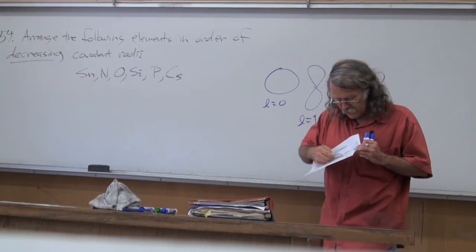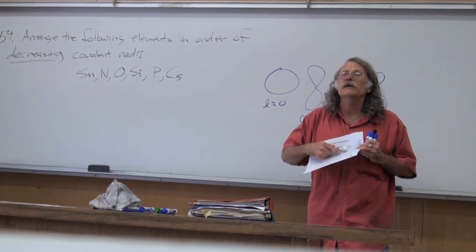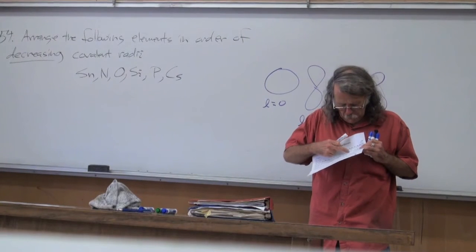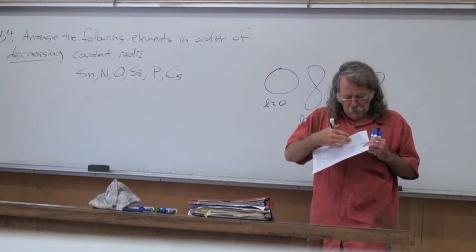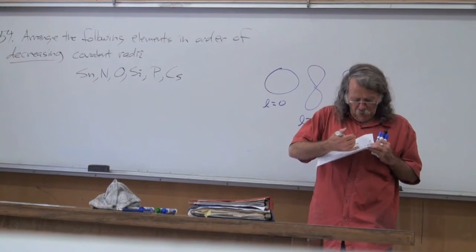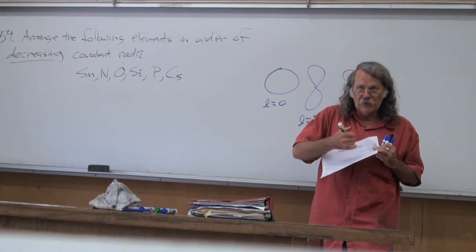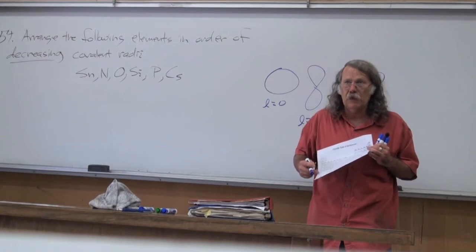So what happens is we get what's called the d block contraction, going from aluminum to gallium. There's actually a slight decrease, but generally that's already taken care of for all the rest of them. That d block contraction is just aluminum to gallium.